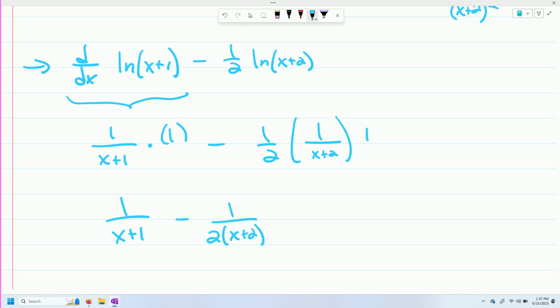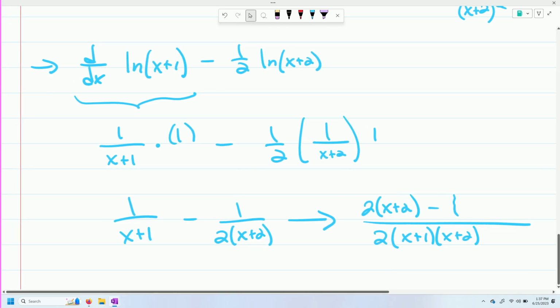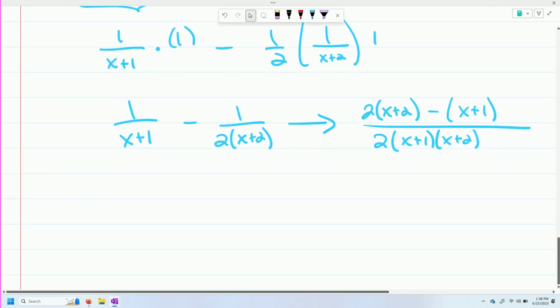And then finding a common denominator and everything like that, you will end up getting, in our denominator, 2 times x plus 1 times x plus 2. And then in the numerator, you get 2 times x plus 2 minus the quantity x plus 1.